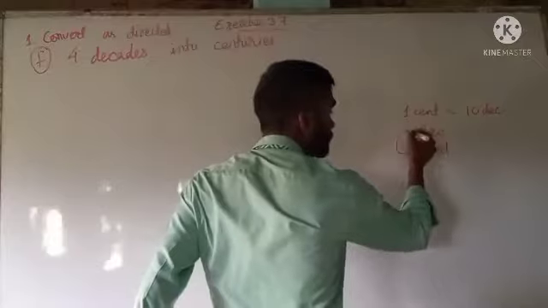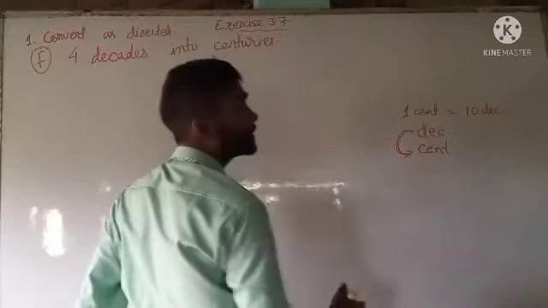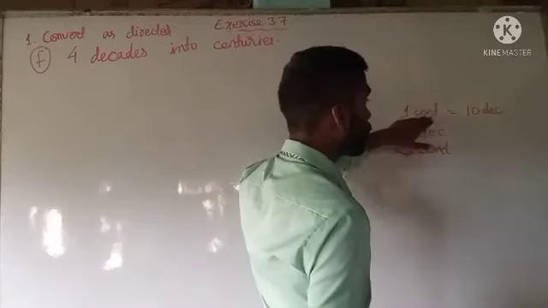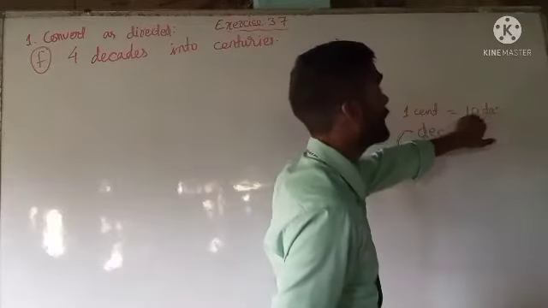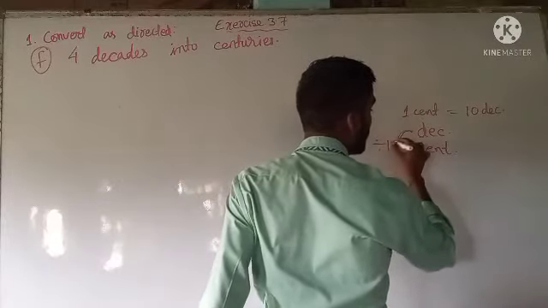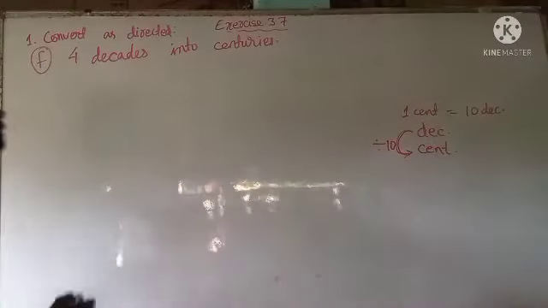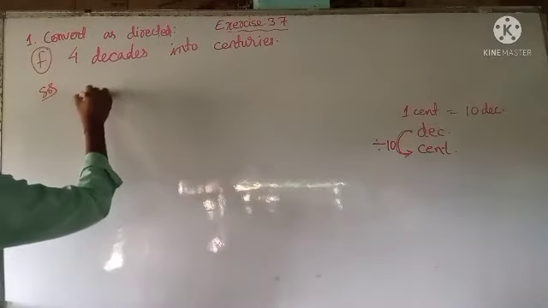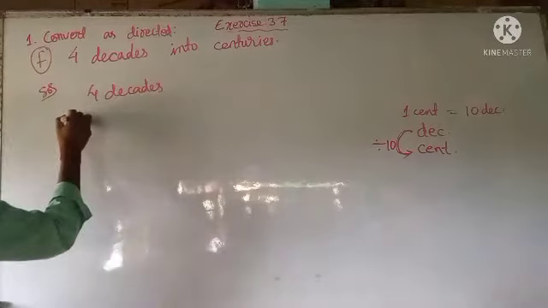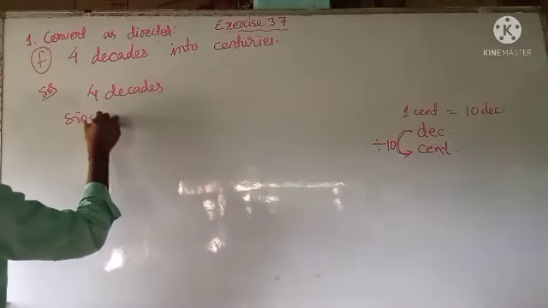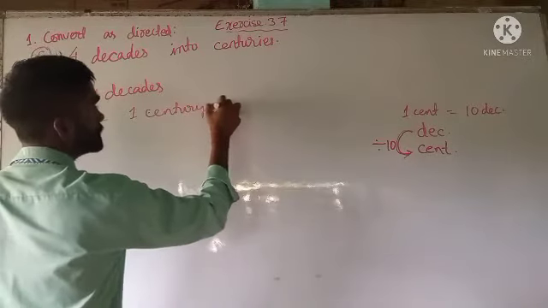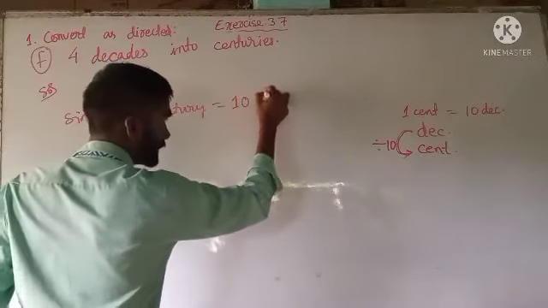Now when we are converting from smaller unit to greater unit, we need to divide. Now with what we are going to divide? Here 1 century it is equal to 10 decades. So we'll have to divide it by 10. So we'll write here 4 decades.